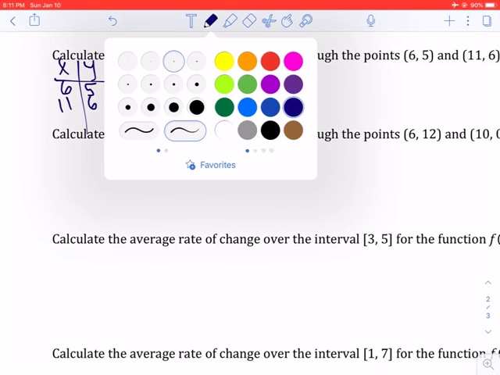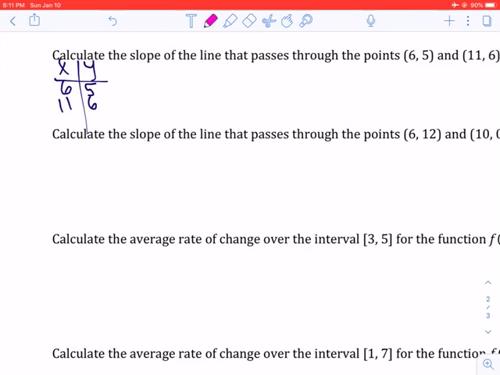I'm going to go ahead and use different colors just to make it look a little cleaner. For the y change and the x change, I'm going to use the same color just for ease, but I think it will pop just a little bit more. So my net change is we're adding 1 to our y values, and the length of my interval is 5.